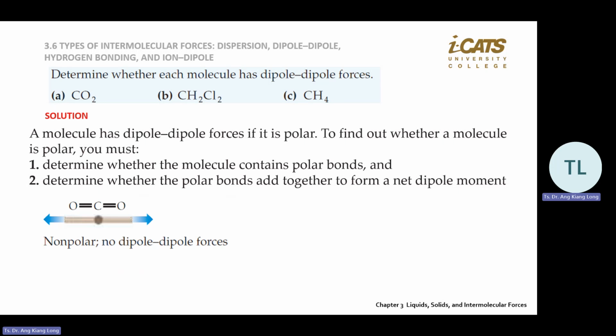You need to mention whether it's polar or not. If it's polar, you mention polar. If it's non-polar, like for example, CO2 is non-polar, then you need to mention whether there is a dipole-dipole force or not. So here you don't have dipole-dipole force.